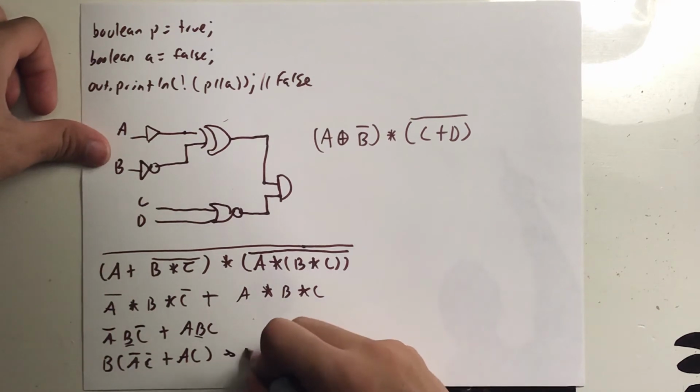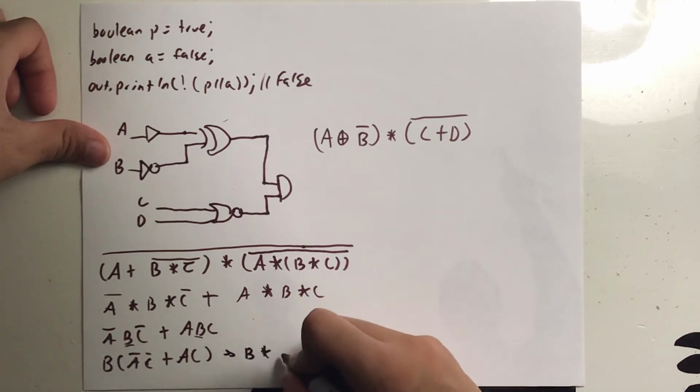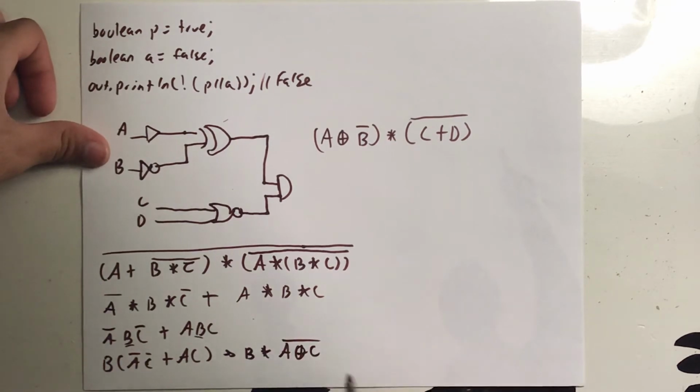So this becomes B times A exclusive NOR C. That's your answer.